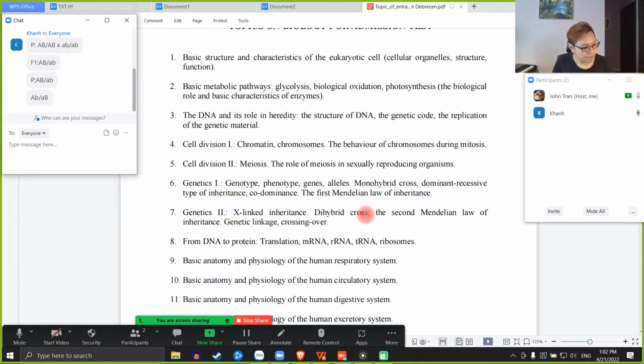Just when that called chromosomes. And chromosomes during mitosis consists of 4 phases: the prophase, metaphase, anaphase, and telophase.